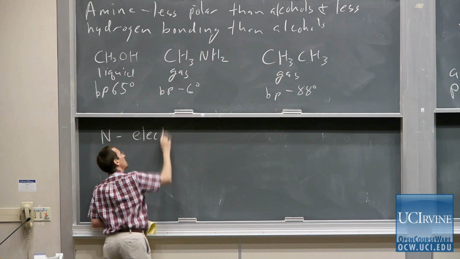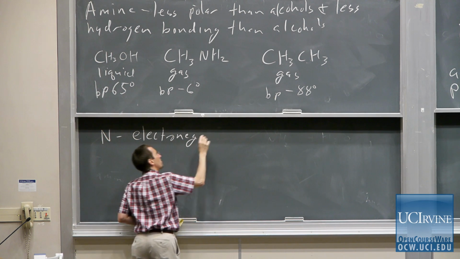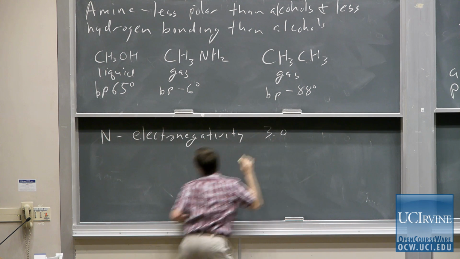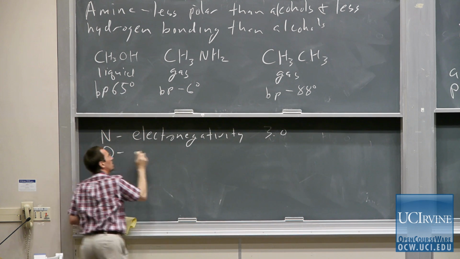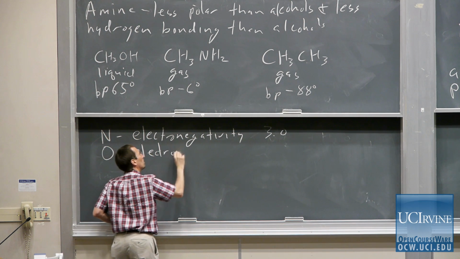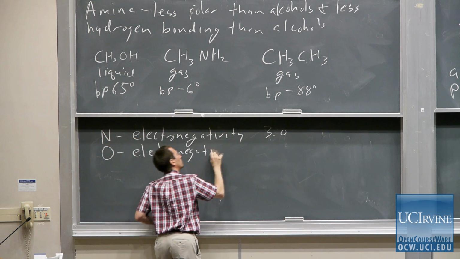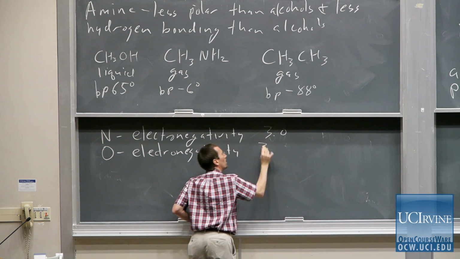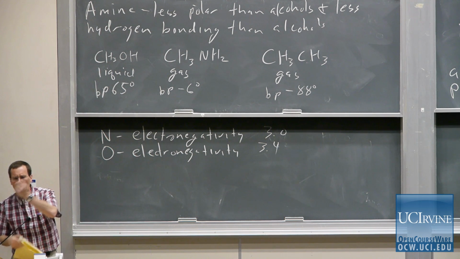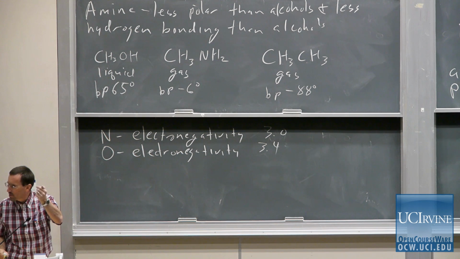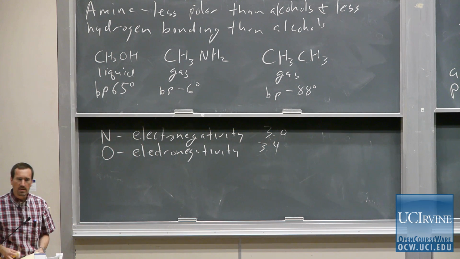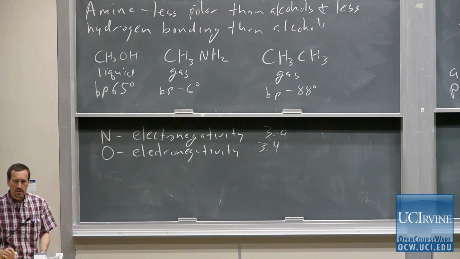Nitrogen's electronegativity is 3.0, and oxygen's electronegativity is 3.4. In other words, the nitrogen pulls the electrons away from the hydrogen less, so they hydrogen bond less. You've got smaller dipoles in the molecule, and so for both reasons, that shows.